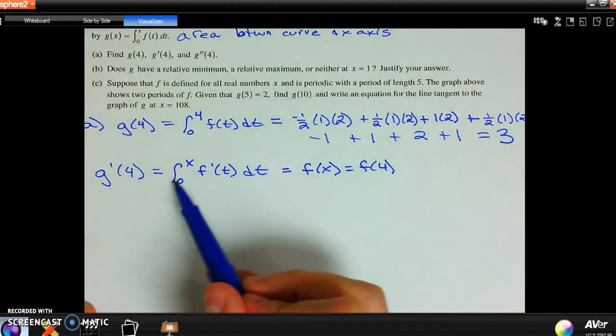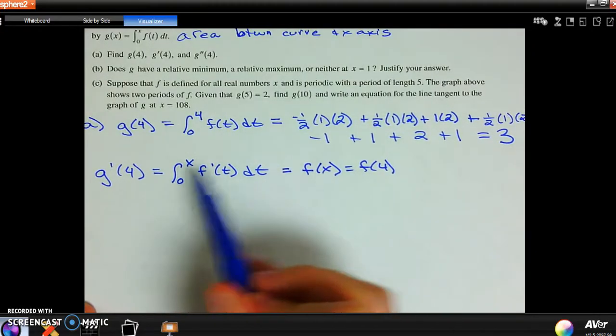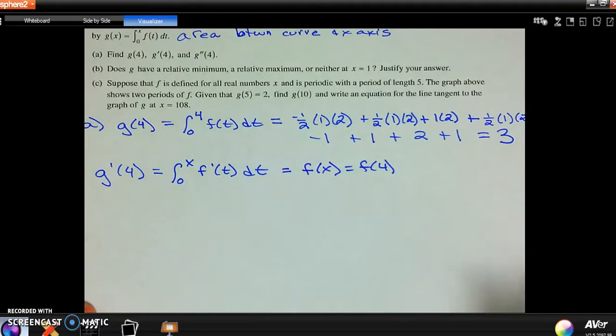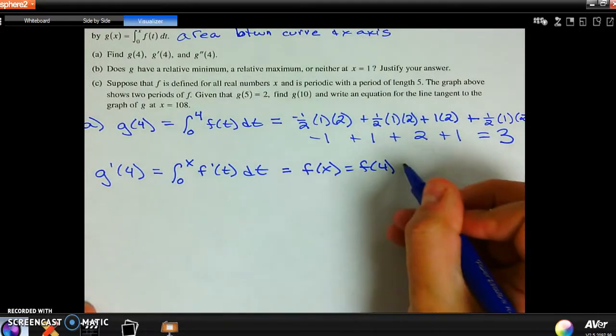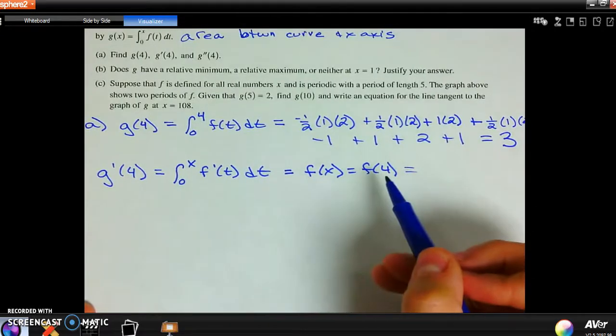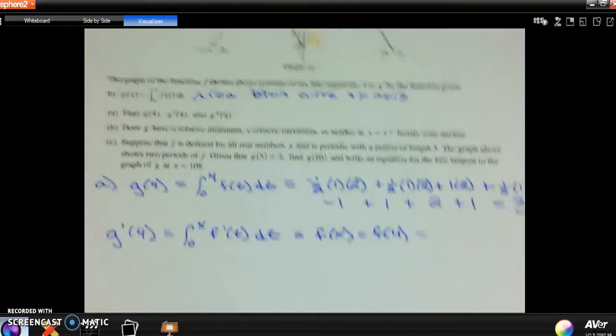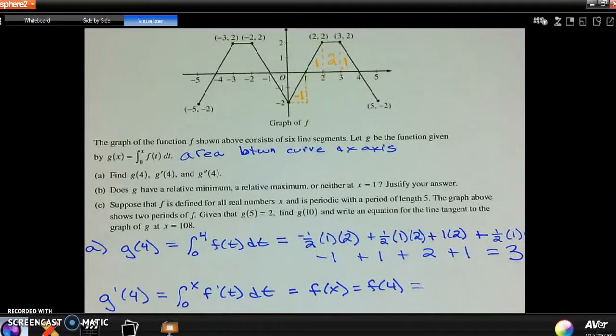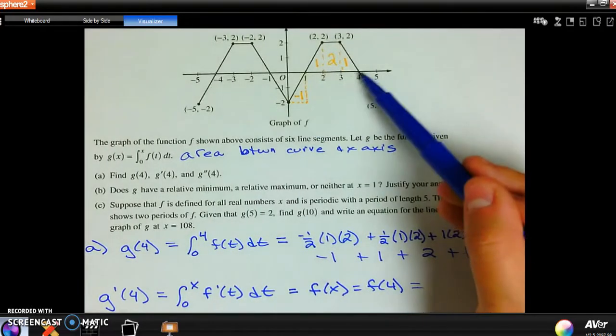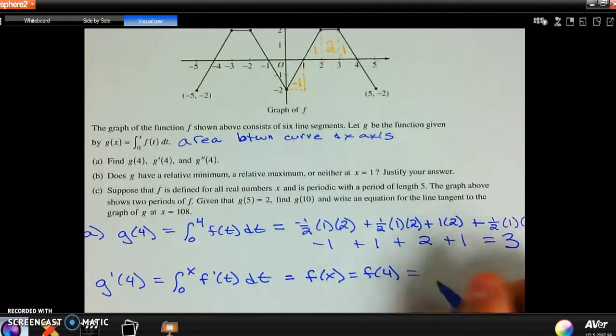Okay, because when you take the derivative there, the derivative kills off the integral. So we're going to get f of 4. How do you figure out what f of 4 is? You got to go back up to your drawing here, because this is the graph of f. So f of 4 equals 0. So then you could fill that in. So you've got that.